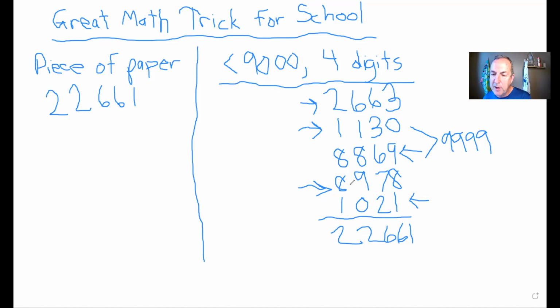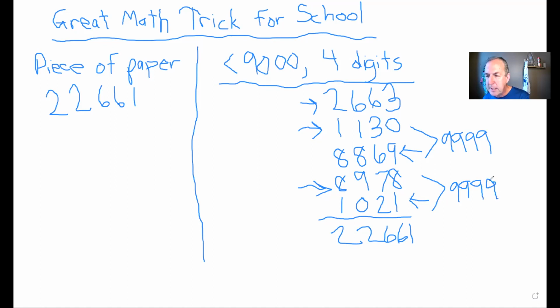The student will pick the number 8978. I wrote down 1021, and you can see that those sets of digits add up to 9: 8 and 1, 9 and 0, 7 and 2, 8 and 1. So those two numbers also add up to 9999.